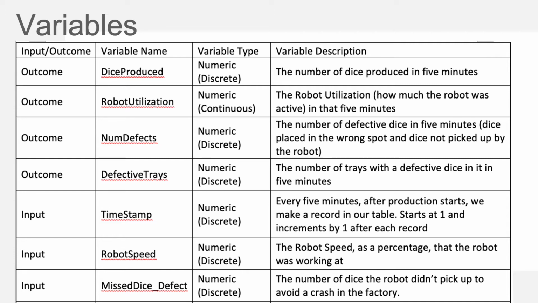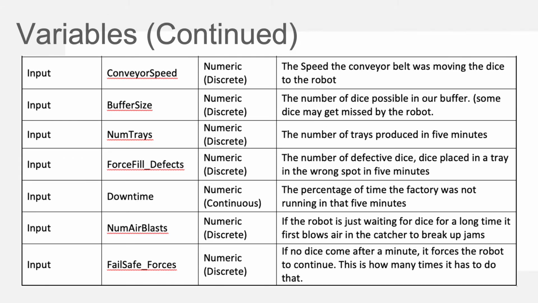We also have the robot speed, how fast the robot's moving, and missed dice defects is how many dice were missed in a 5-minute interval. We also have conveyor speed, which is how fast the conveyor belt's moving. Buffer size, how many dice are in the buffer at the start. Number of trays is how many trays are produced.